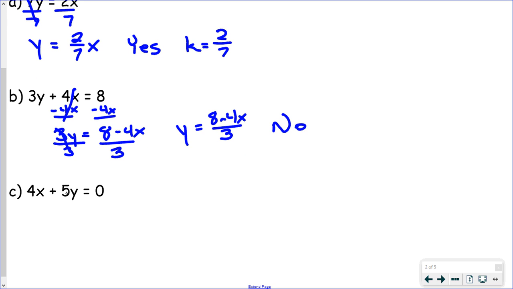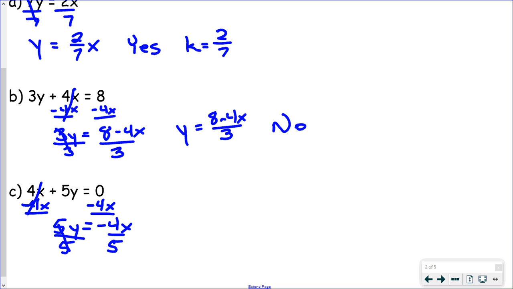All right, one more here. I'm going to subtract 4x from both sides. Those cancel out. Now, 0 minus 4x is just equal to negative 4x, just like 0 minus 4 would be negative 4. Divide both sides by 5.